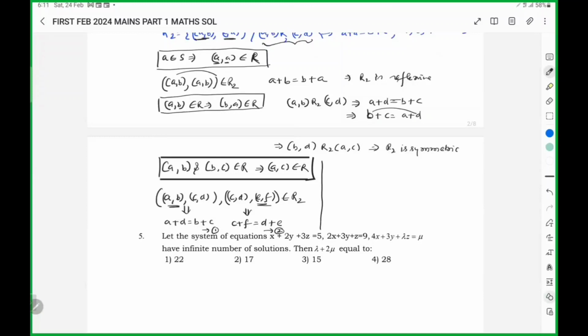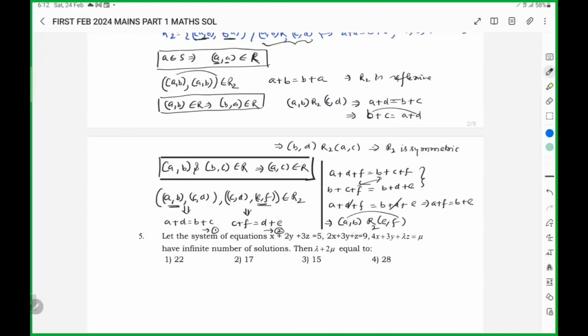Now, to combine them, I add F to the first relation and E to the second, which gives B plus C plus E. These two are identical, C and D get cancelled, A plus F equals B plus E. Now I can say (A, B) is related to (E, F), because the sum of extremes and the sum of means are the same, which implies R2 is an equivalence relation.